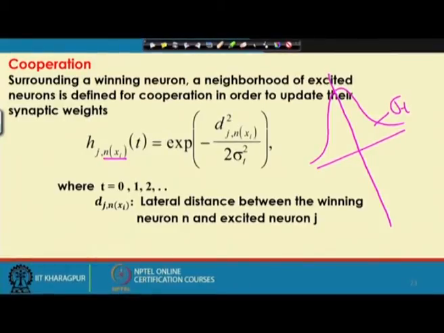So, once I know the mean properties and standard deviation, I can draw this particular Gaussian distribution, which is nothing but the neighborhood. Now, as I told, the mean properties will be decided by the properties of the winner or the properties of the leader, and if I take the plan view, I might get this type of plan view for this Gaussian distribution.